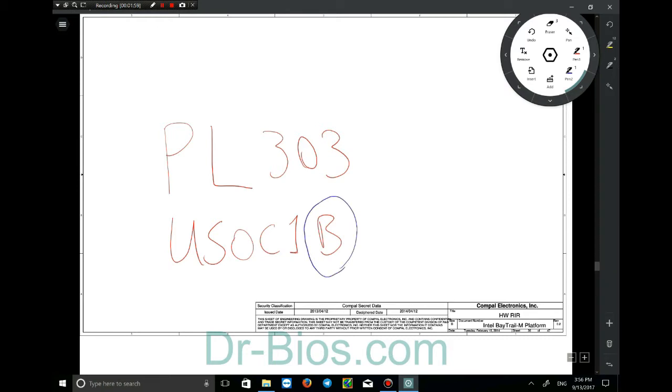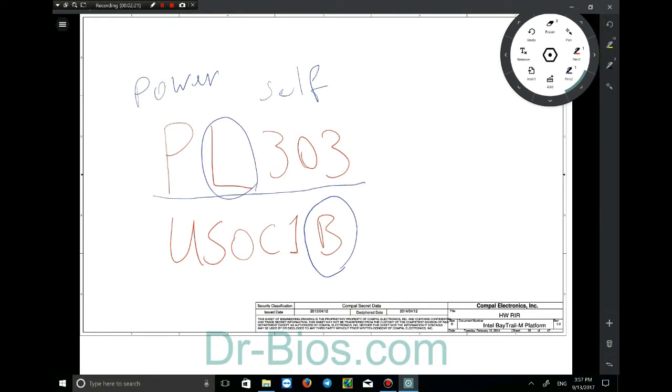What I mean when I say the last letter is B. I talked about the first code before. P is power. L is coil. And the numbers are the block that the components belong to. And the second code, the last code, is the block of the component.